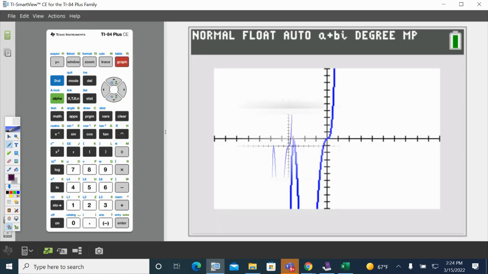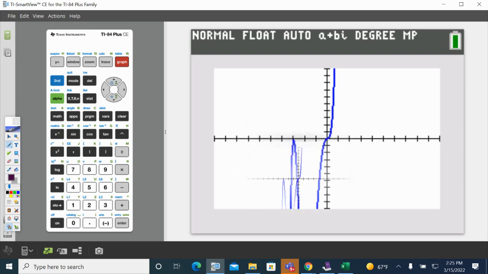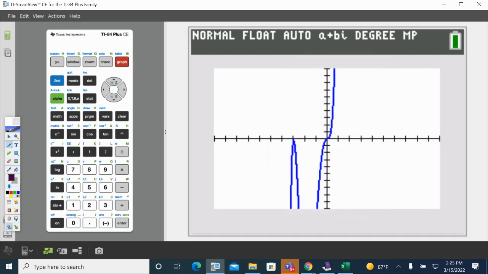So right here, this is a bounce. It came up, it bounced off the x-axis and came back down. So this is going to give us a multiplicity of 2. And then as it's crossing at 0, it bends. That's an example of a bend.